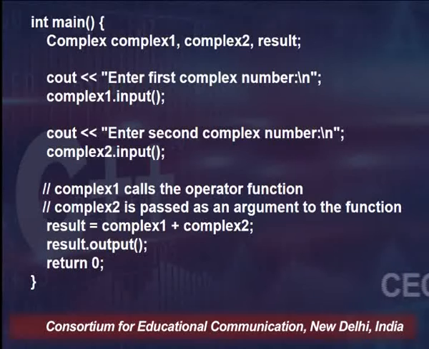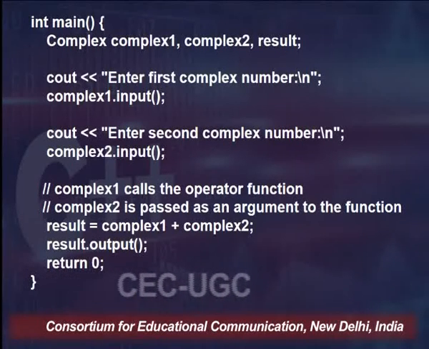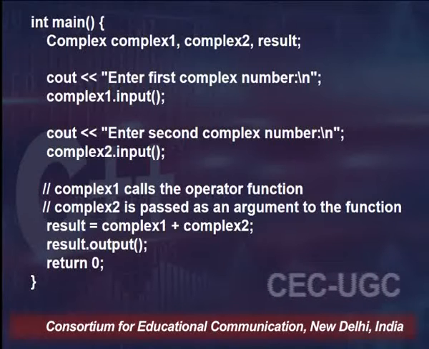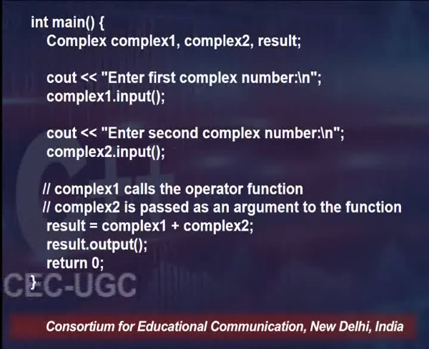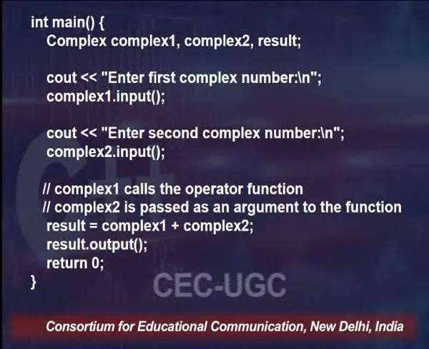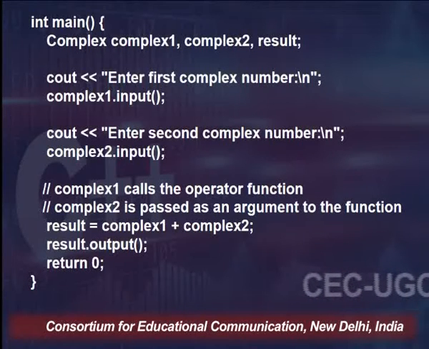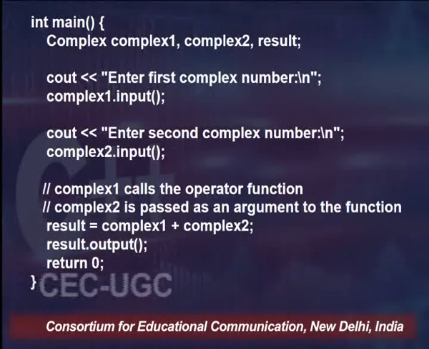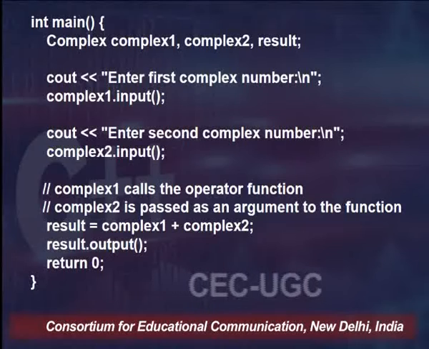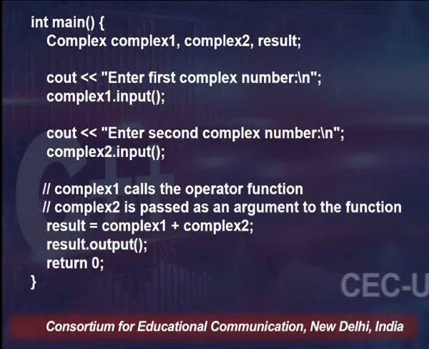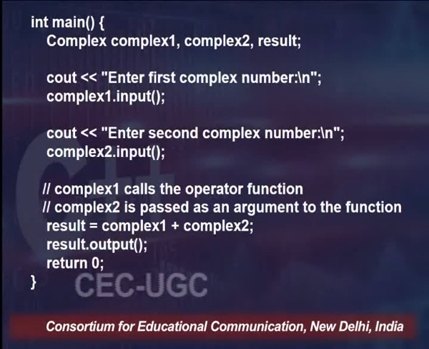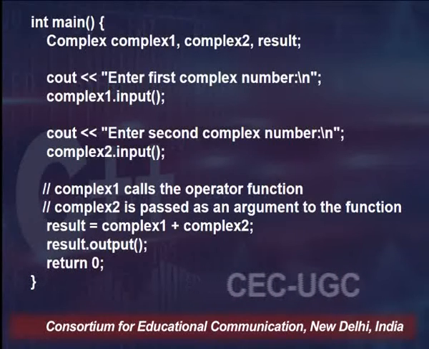So if you remember the previous code, I was saying temp.real is equal to real plus obj.real. So temp.real will be stored in the result after the return statement. Then real without any dot operator corresponds to complex1, and obj.real, which is the real part of that obj object being passed as an argument to the function, is actually complex2.